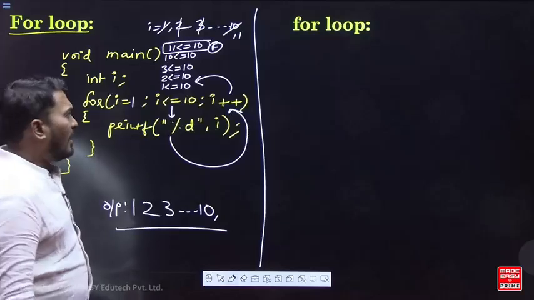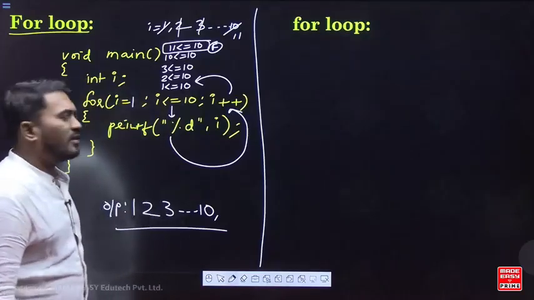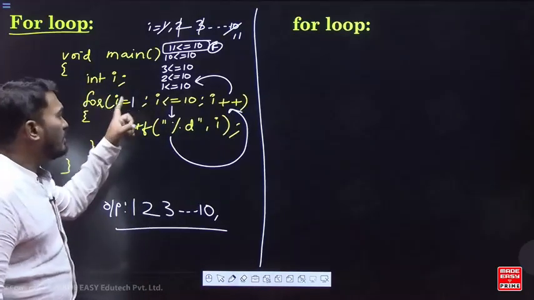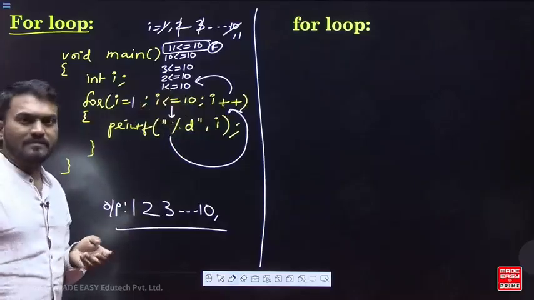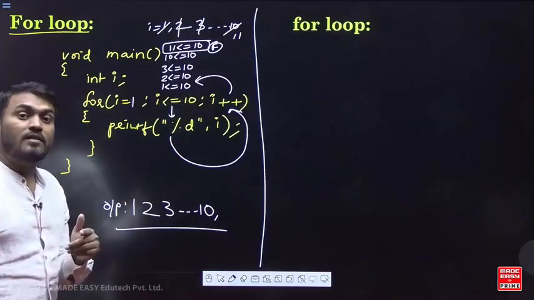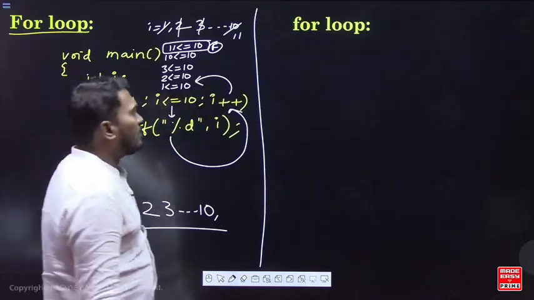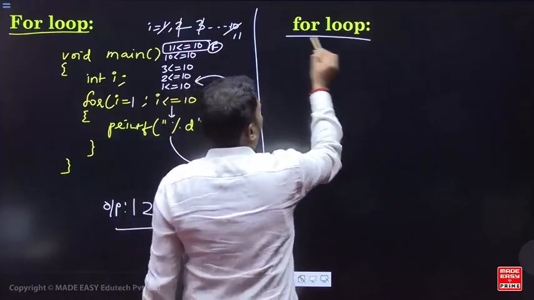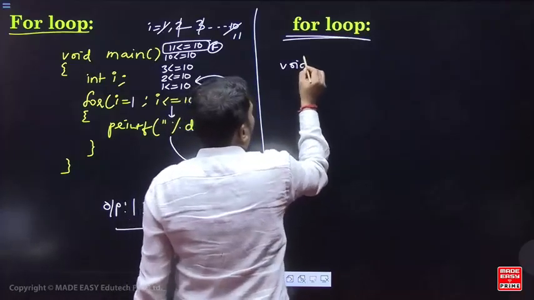Okay, that is good. And next important thing. Listen here. You can keep semicolon for the for loop also. How are you going to write? Look at here. I am writing the same for loop by keeping the semicolon.